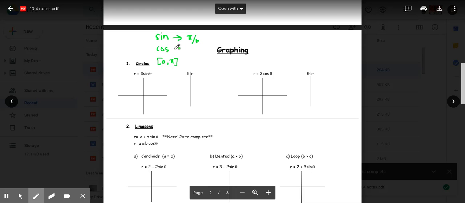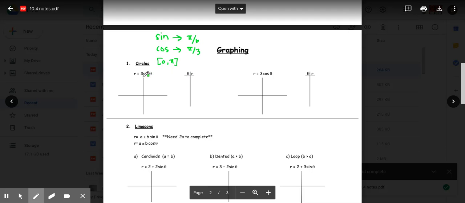And with cosine, it's easier to use the pi over 3 angles because cosine of pi over 3 is 1/2. Along with the quadrantals. When I say a quadrantal, it's 0, pi over 2, pi, 3 pi over 2, 2 pi. But you only need to go from 0 to pi to complete this circle.